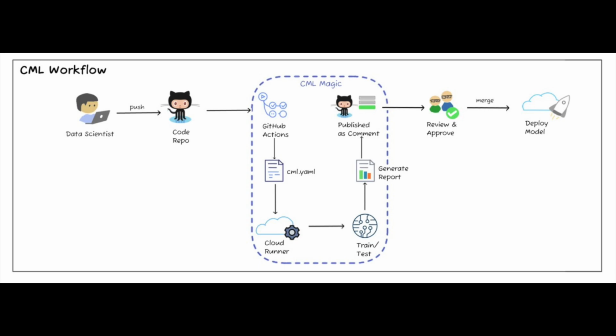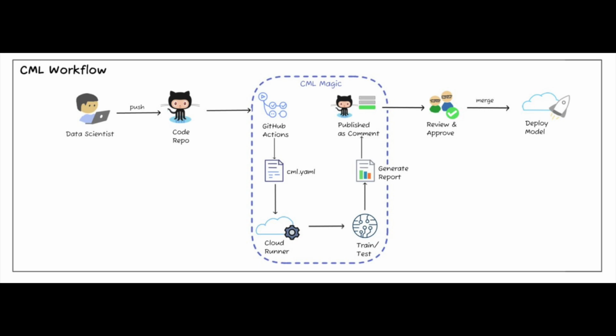By creating dynamic reports that include key metrics and visualizations, CML ensures that all stakeholders have access to crucial insights and can make data-driven decisions with ease. So this transparency promotes accountability and encourages experimentation, leading to better models and improved outcomes.